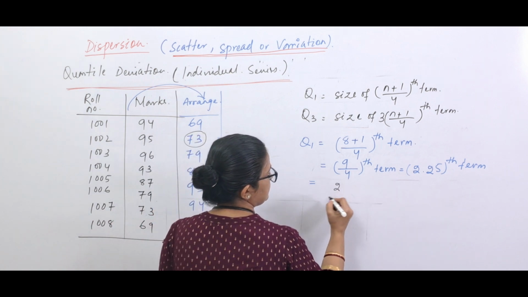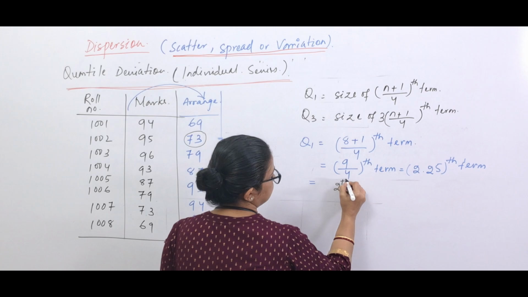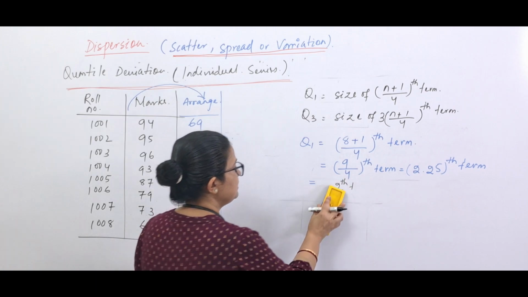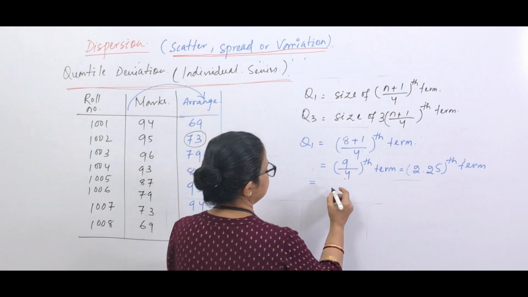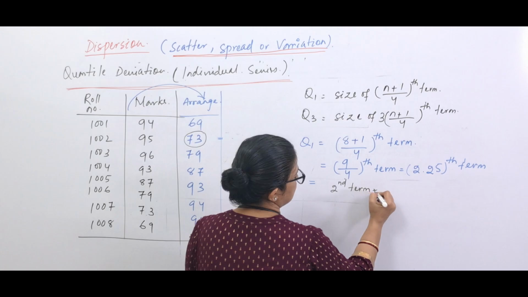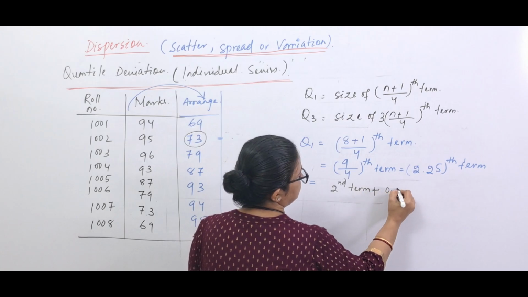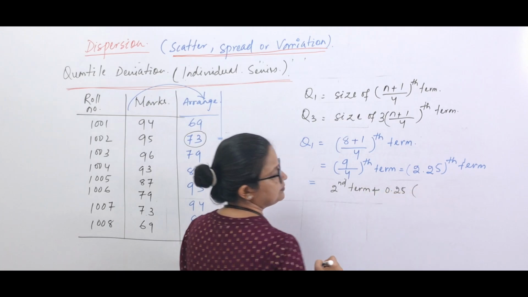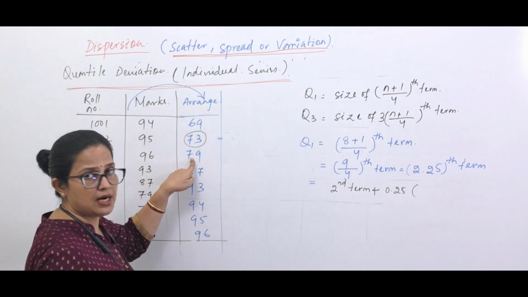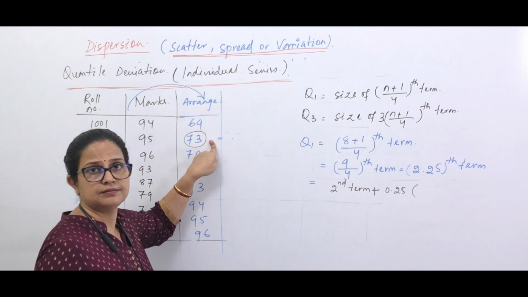This is the second term, plus 0.25 of which term? 0.25 of the third and second.